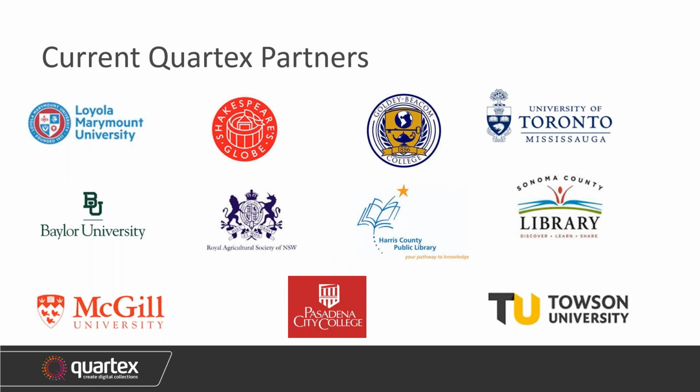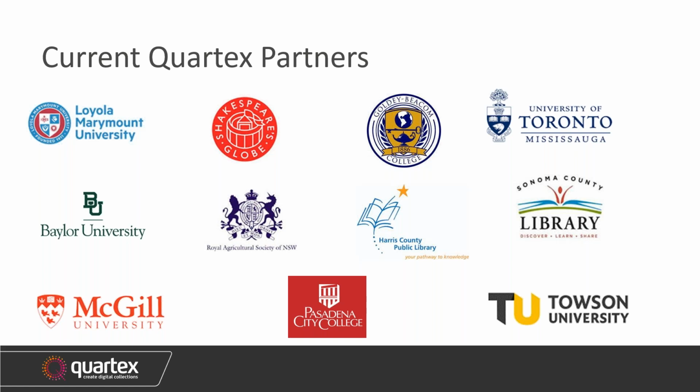Since releasing Cortex to a larger group of repositories in mid-2018, Cortex has grown to support a growing global client base, as we've shown you some examples here. Towson University, Goldey-Beacom College, Pasadena City College, and a newer client, Des Plaines Public Library, are some of our newest Cortex customers who we've welcomed this spring and summer.